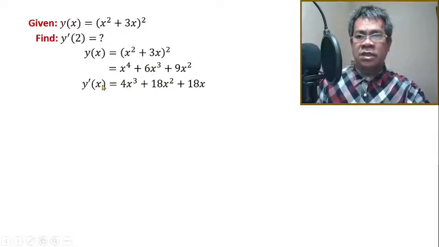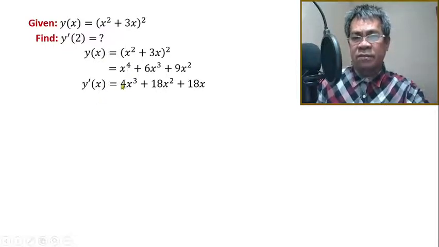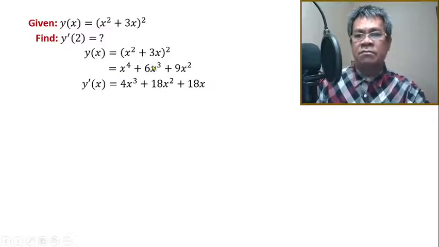The derivative of this function with respect to x: for the first term, this becomes 4x cubed using the power rule. In the second term, we bring down the 3, multiplied by 6 becomes 18, and 3 minus 1 becomes 2, so 18x squared. The last term becomes 18x, because 2 times 9 is 18 and 2 minus 1 gives x raised to 1.